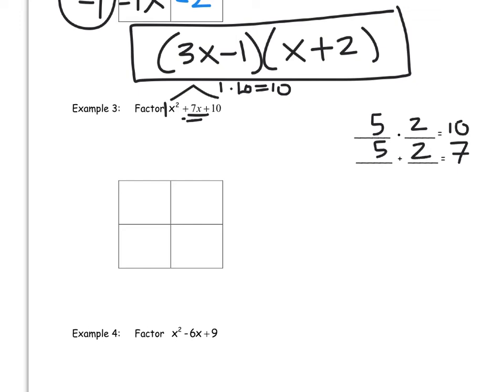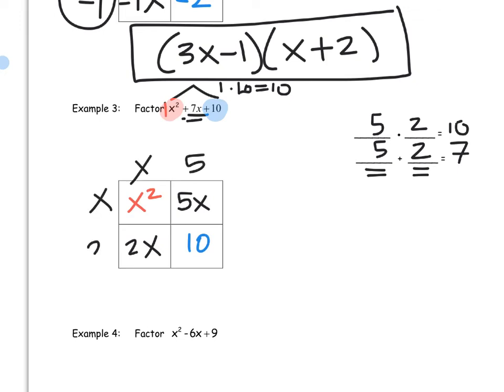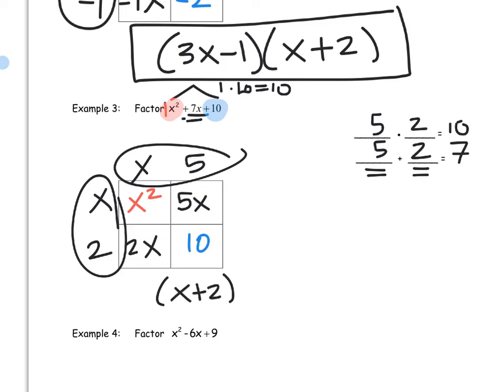Okay, so now let's fill in the box here. I have a 1x squared, right? So that goes here. I have a 10, so that goes here. And then lastly, I have my mystery numbers, 5x and 2x. And now we fill out the box, x and x. I need a 5, I need a 2. These are my answers, x plus 2, x plus 5.